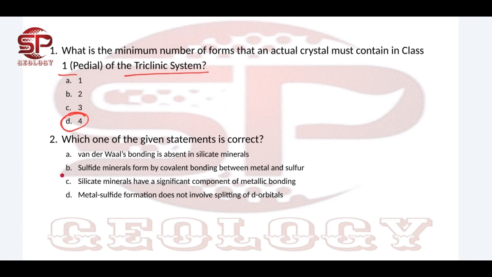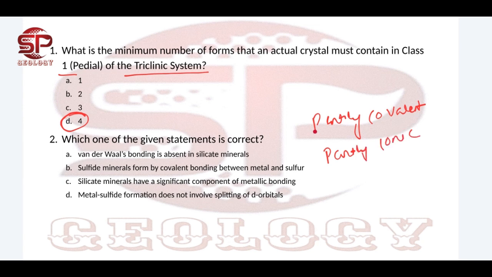Which one of the given statements is correct? Van der Waals bonding is absent in silicate minerals. Van der Waals bonding is a very weak bond. In silicates, we have the bond between Si and O. The bond between Si and O is partly covalent, partly ionic. Remember, this is very important.